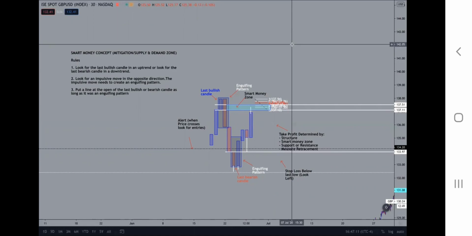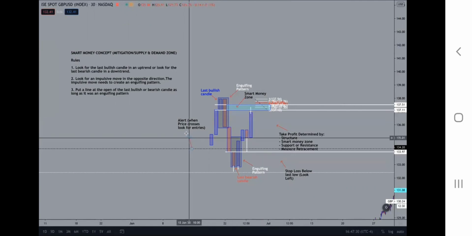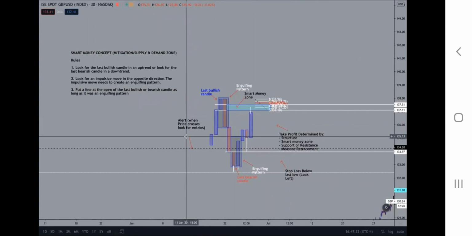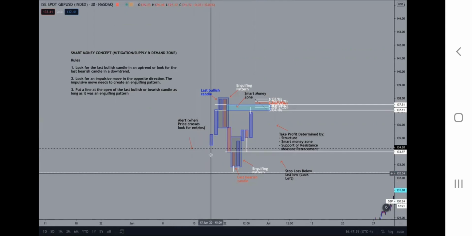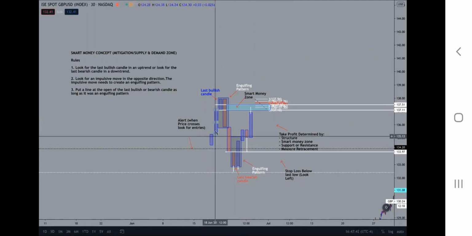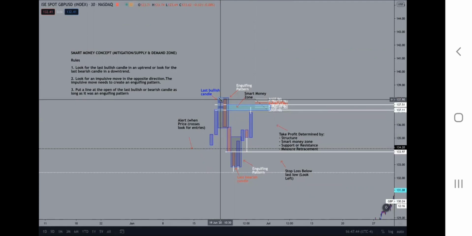So another question is, what are the rules and how to trade it? I have three simple rules, also with this amazing diagram, that we're going to go over real quick. So rule number one. No matter if price is moving up or down, I have two examples. The first rule is to look for the last bullish candle in an uptrend, or look for the last bearish candle in a downtrend. If we go to our little diagram here, we look at the price as it moves up, right?